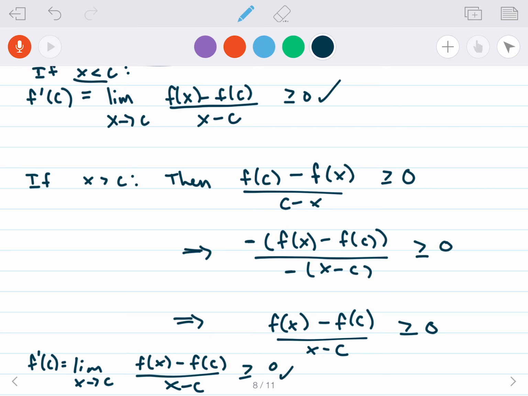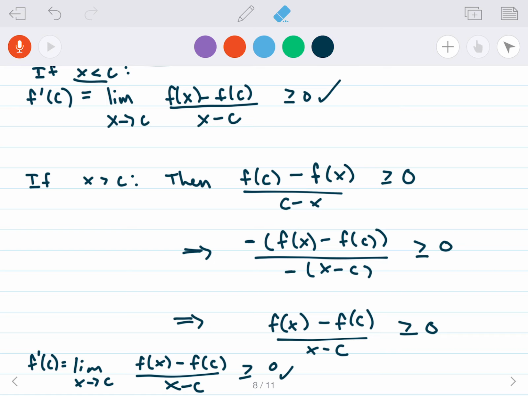Okay, so the forward direction is shown. We've shown that if we have a monotone increasing function, our derivative at any c or any x in our interval is going to be positive. Okay, bigger than or equal to 0.